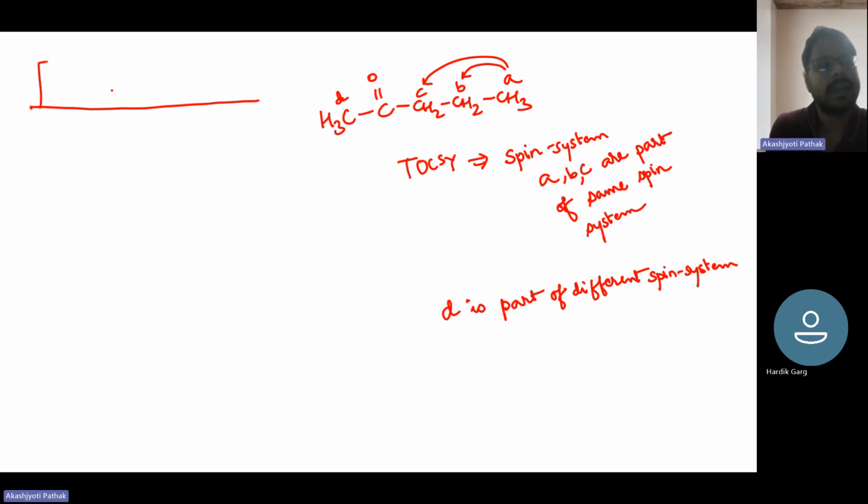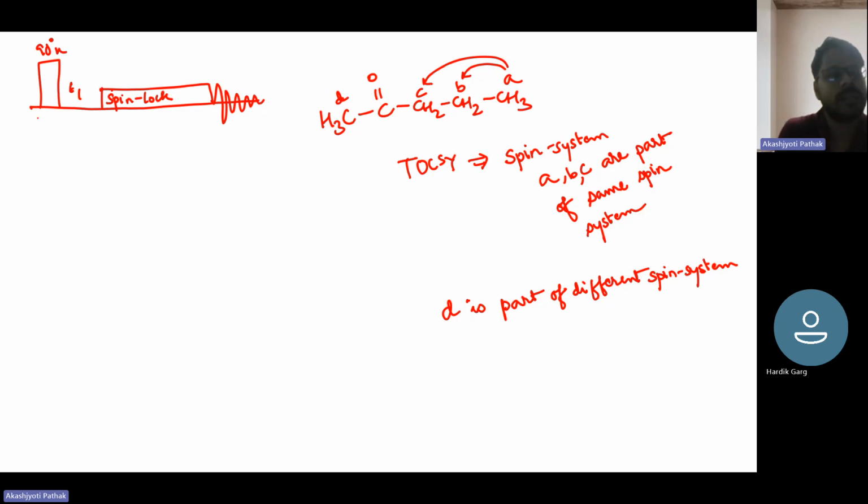You had this 90-degree X pulse, and there was this t1 period, and then following a spin lock period, then you collected the FID, right? You collect the FID.